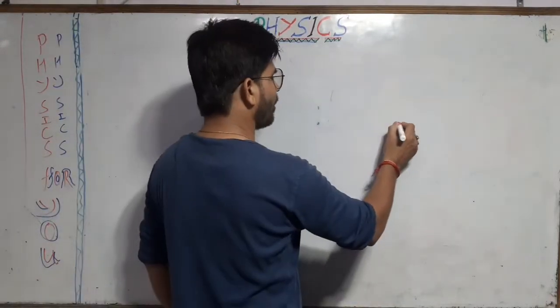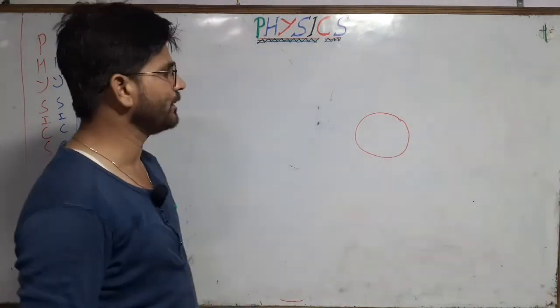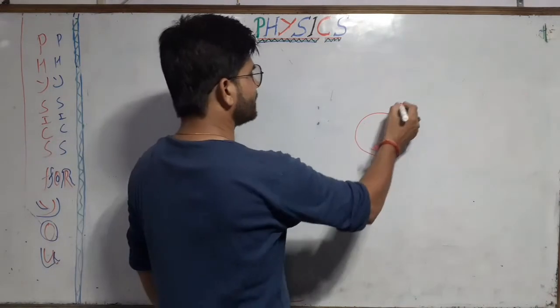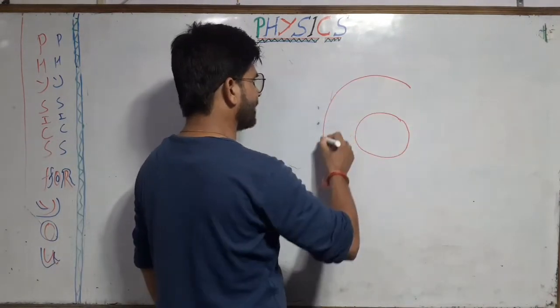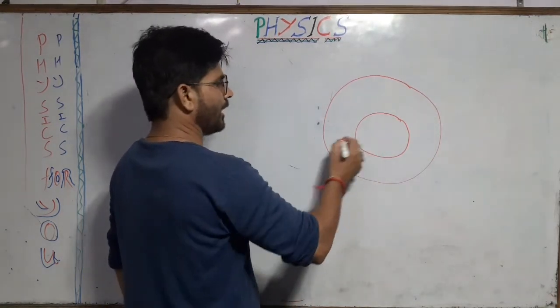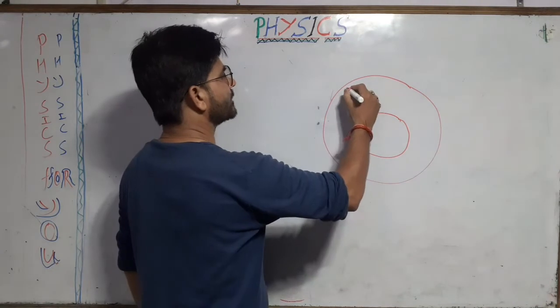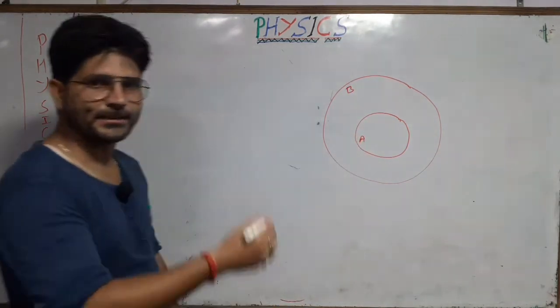We have a hollow sphere, and it is surrounded by another sphere. I have given the name A to the first sphere and B to the second spherical shell.